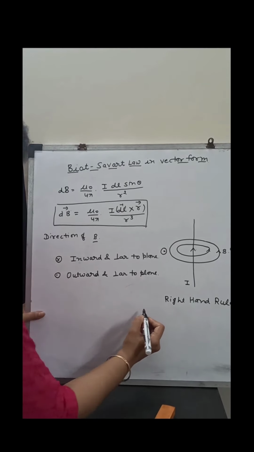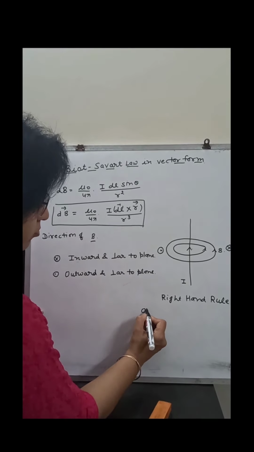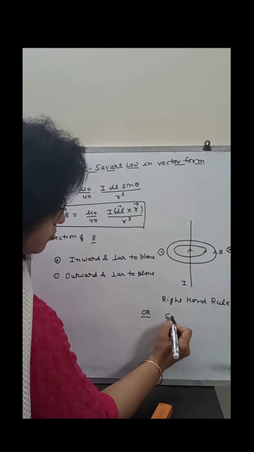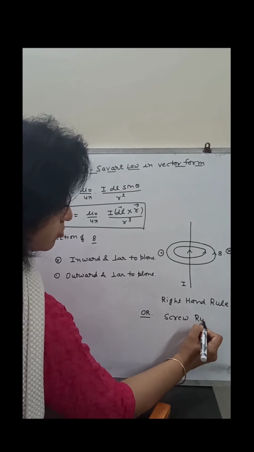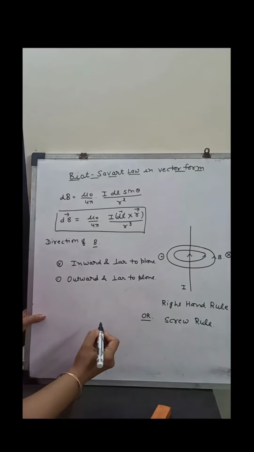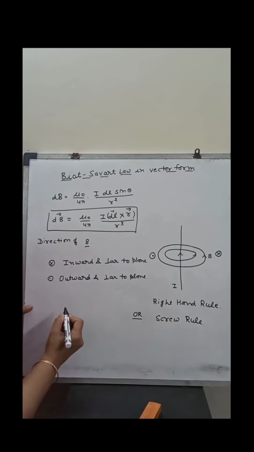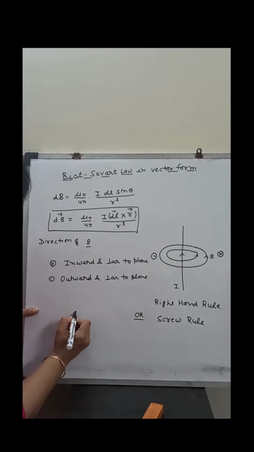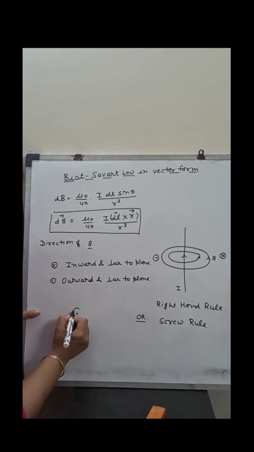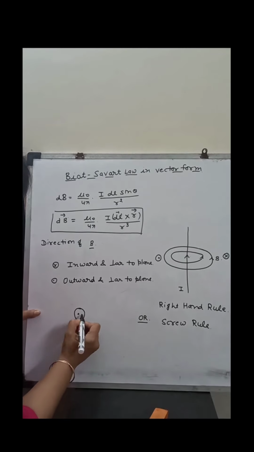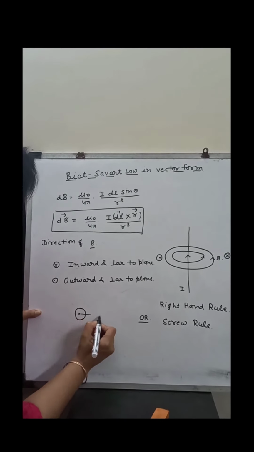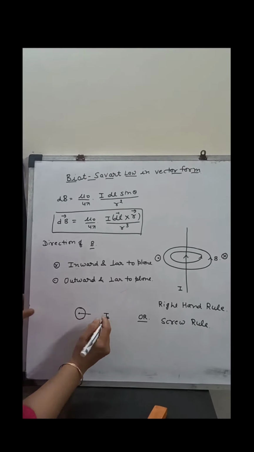We can use this rule in other way, also known as screw rule. If direction of magnetic field is perpendicular and outward, shown by dot, direction of current will be anticlockwise.